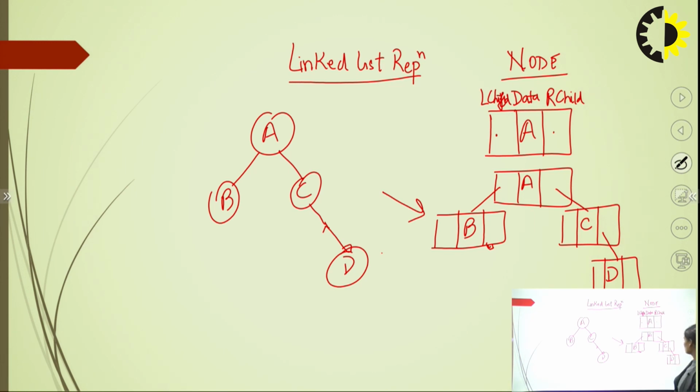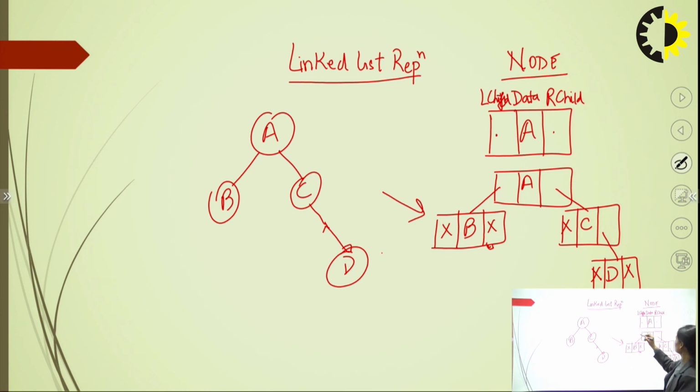Those which are left empty are considered null pointers. This is null, this is null, this is null, again these are null pointers. So this is the linked list representation of this binary tree.